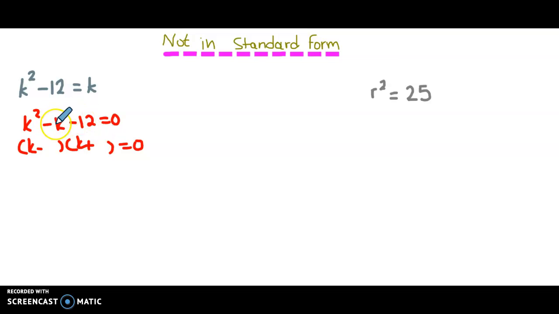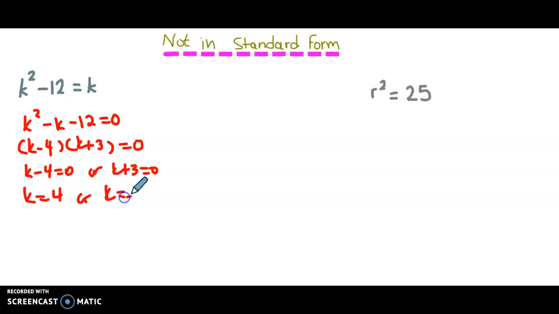Well, if I want a negative 1, I need to go with 4 and 3, and the biggest would be your negative. Here we go. 2 factors equal 0. The zero product property tells you it's either this side is 0 or this side is 0. I'm getting from here k equals 4, and from here k equals negative 3. These are the two solutions.